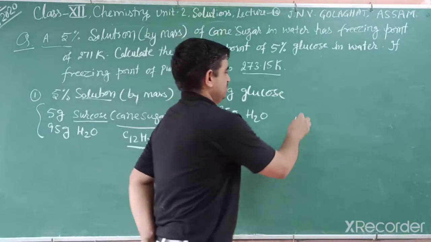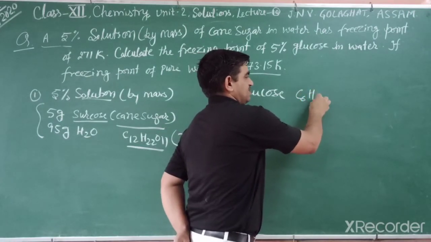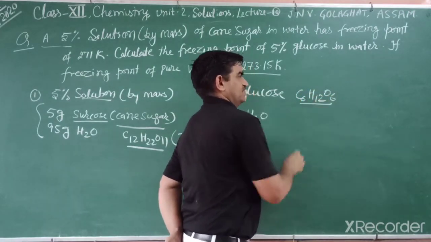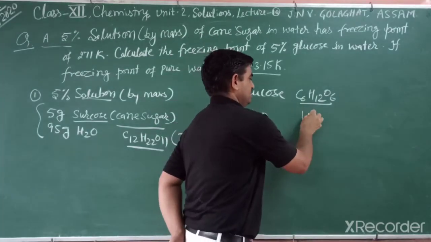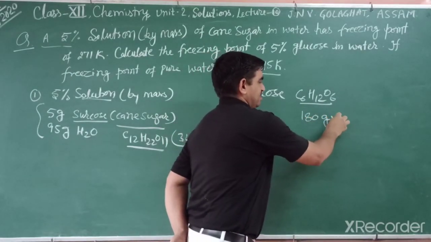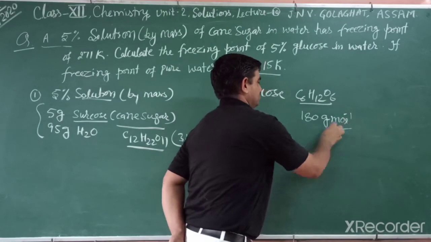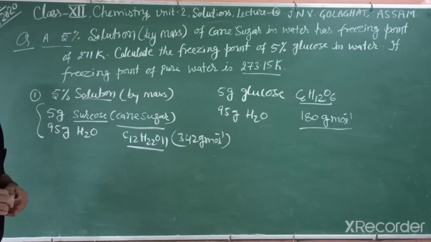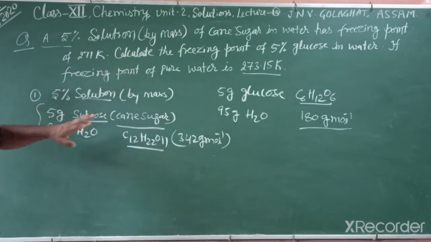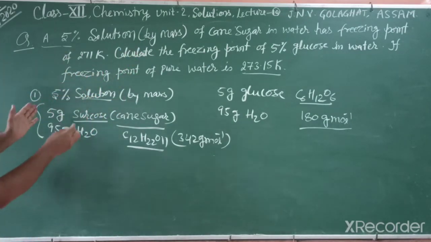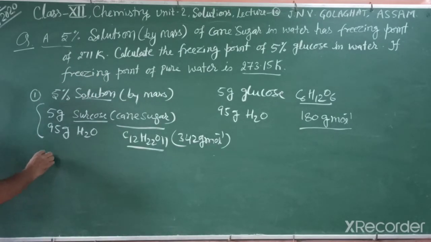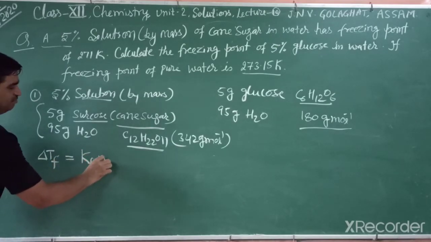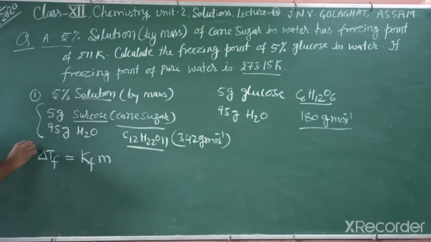Glucose, you know the formula, is C6H12O6, and its molar mass is 180 gram mole inverse. The colligative property we can explain here is freezing point depression. Delta Tf is directly proportional to Kf m.